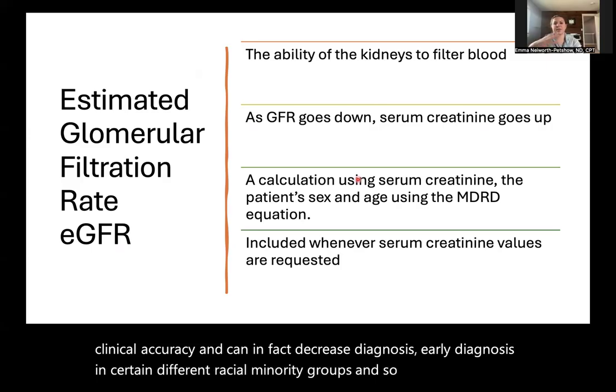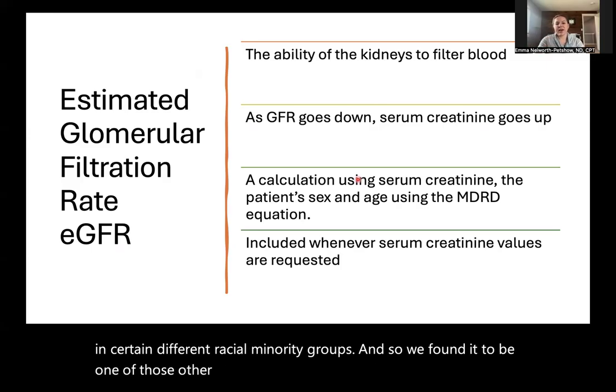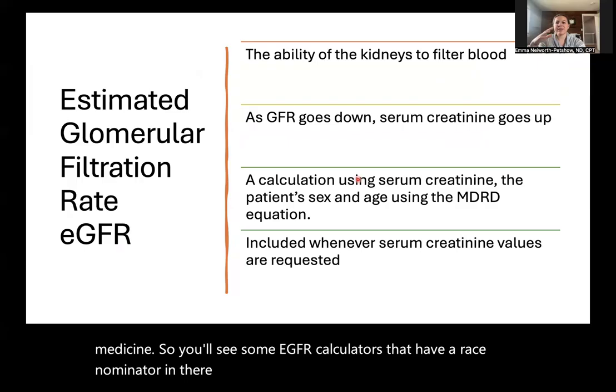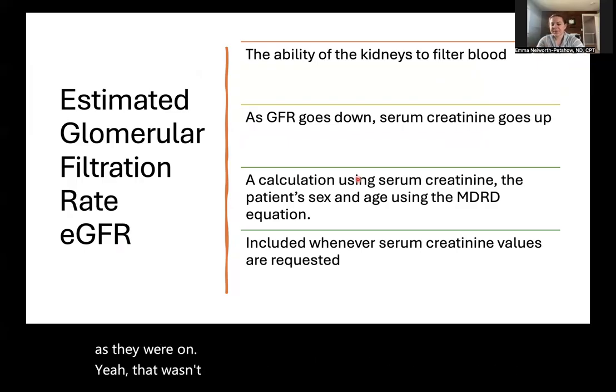And so we found it to be one of those other examples of potential or actual racism in medicine. So you'll see some eGFR calculators that have a race nomenclature in there, and we are now seeing those being phased out as they were based on data that wasn't valid.